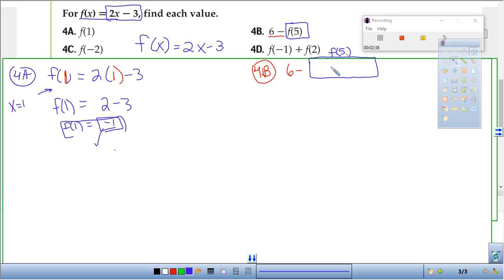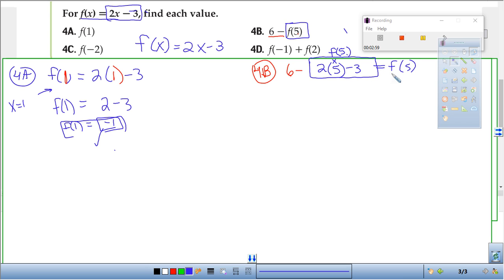So now I have 2 times, what in the world is f of 5? 2 times, what do you think? Yeah, 5, right? Because that's where my x goes. Minus 3. Now, if you look at this blue part, that is equal to f of 5.